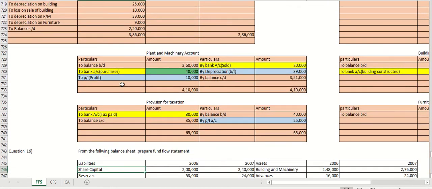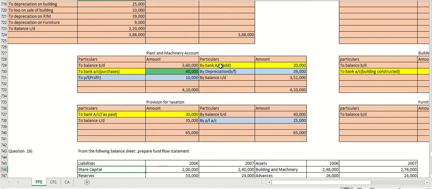So first we will account for the purchases. Purchases, nothing but to bank account, purchases 40,000. Next, a machine worth rupees 10,000 was sold for 20,000 if you see the question. So 20,000 is nothing but your sale value.